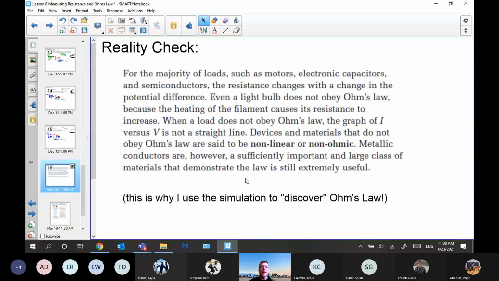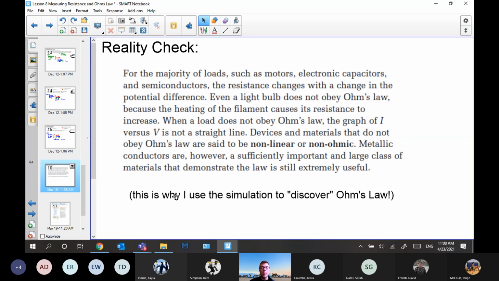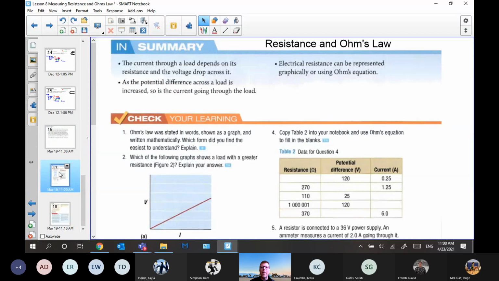It's just maybe not as true as you might think. Does that make sense? That's why, even if we were in person, I still would have used the simulation to discover Ohm's law, because it actually works rather than getting numbers that are all over the map.